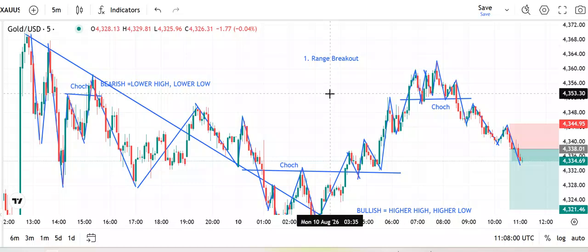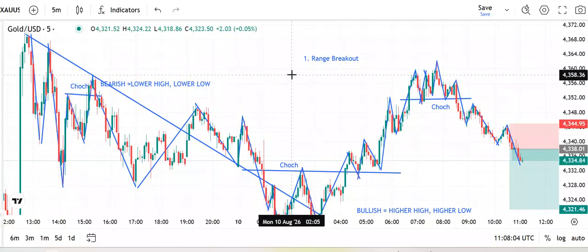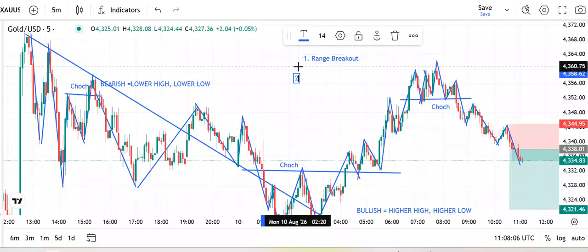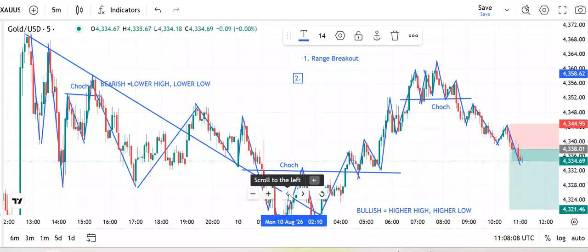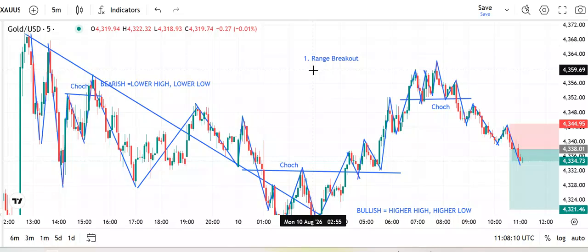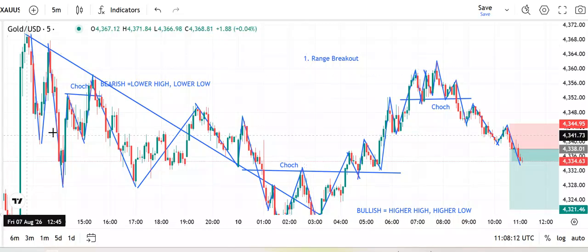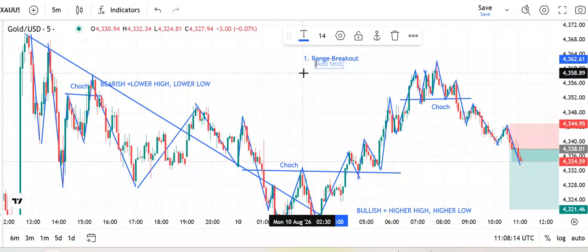Second point is identify pullback after range breakout. Point number two. Okay, let me continue from here.